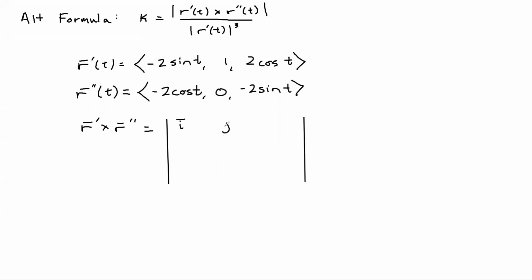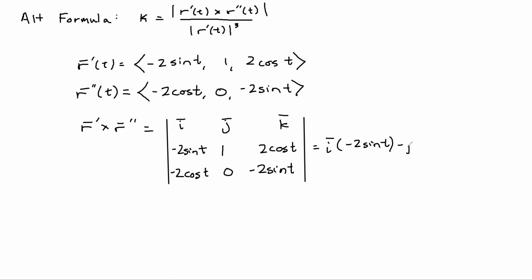We've got i, j, k, and -2 sine t, 1, 2 cosine t, and -2 cosine t, 0, -2 sine t. And if we do that, we'll have i times -2 sine t minus 0, minus j, and that's going to be +4 sine squared. And then minus a double negative, so we're going to have +4 cosine squared.